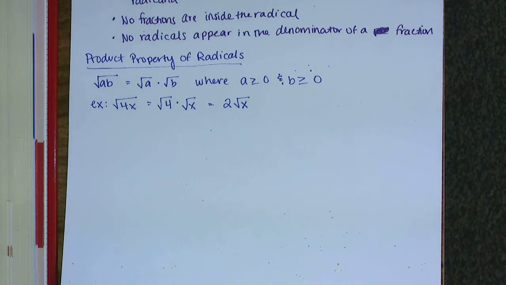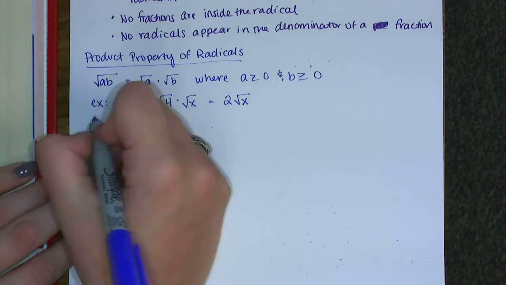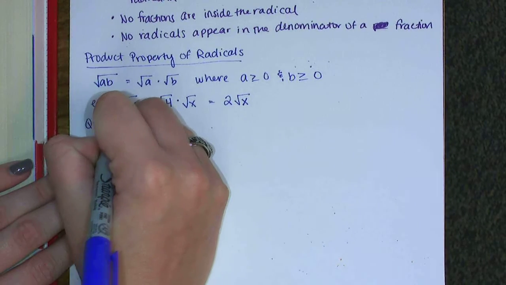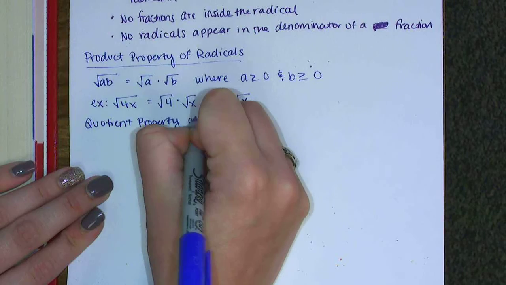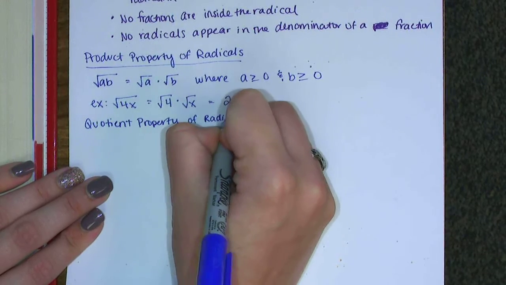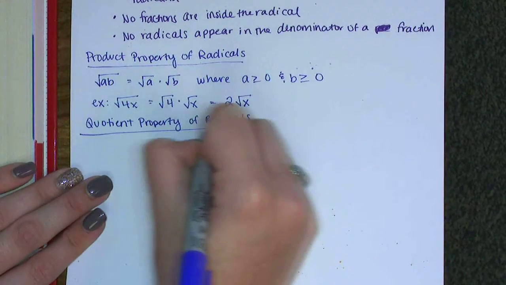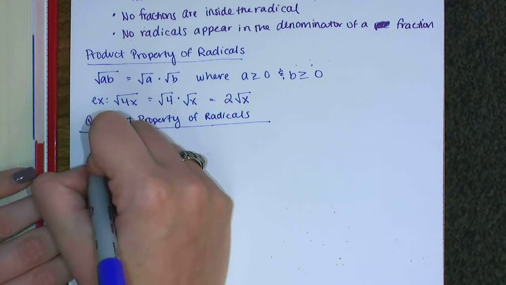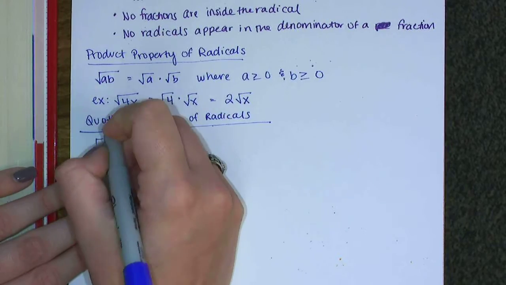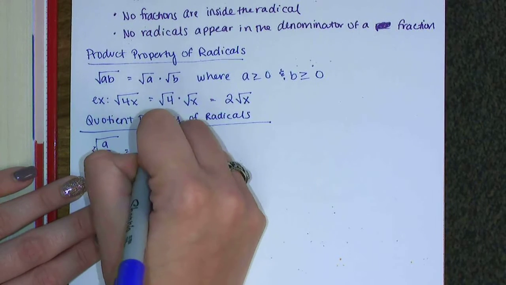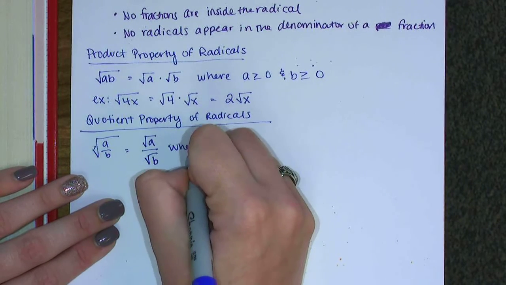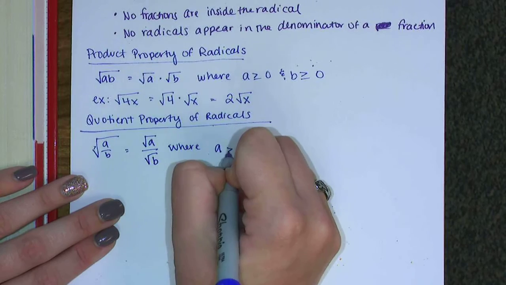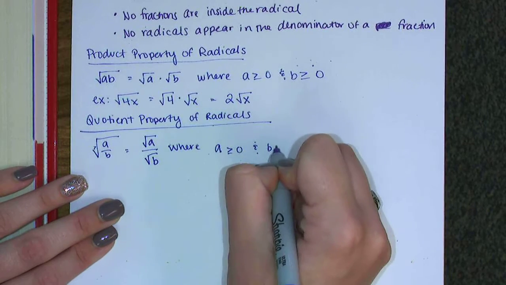And then we have the quotient property of radicals, meaning dividing. And this one is the square root of a over b is equal to the square root of a over the square root of b, where a is greater than or equal to 0 and b is greater than or equal to 0.